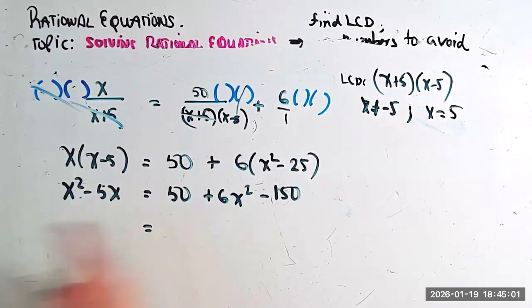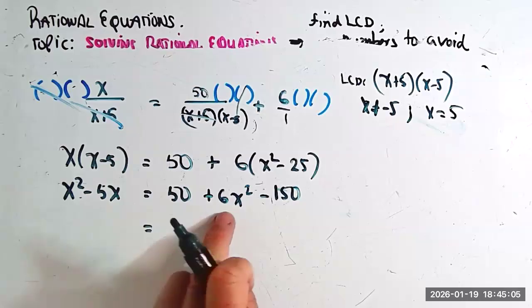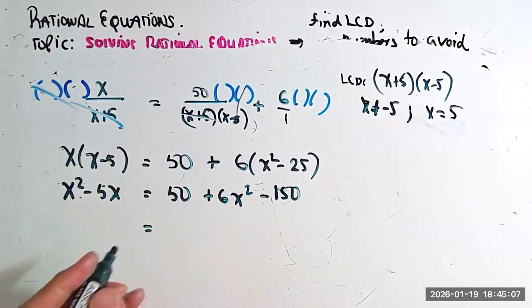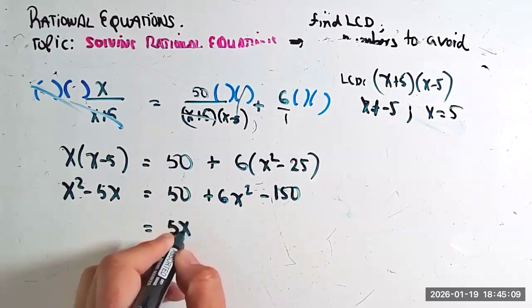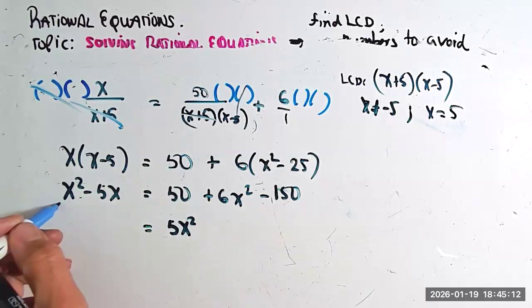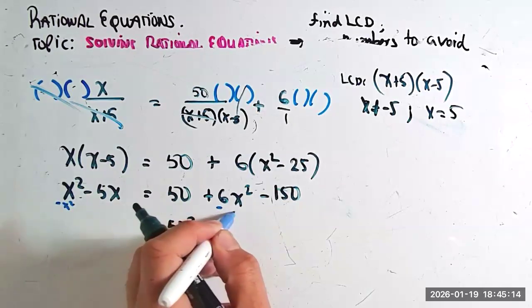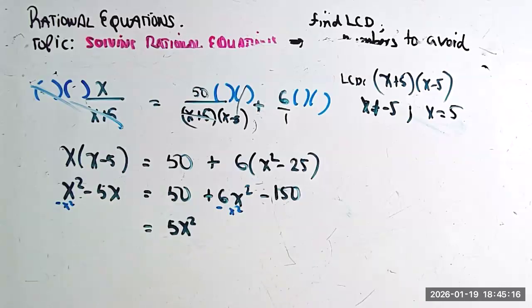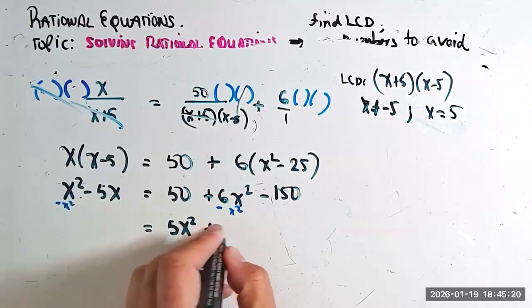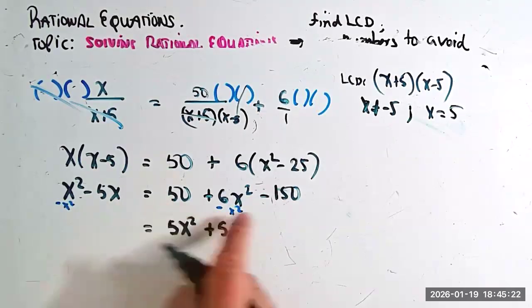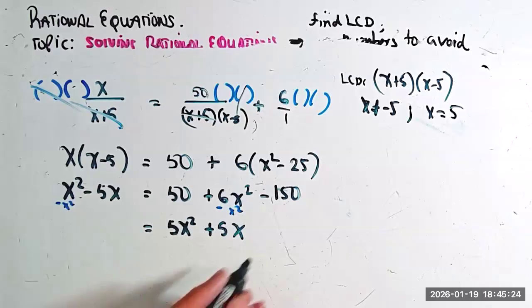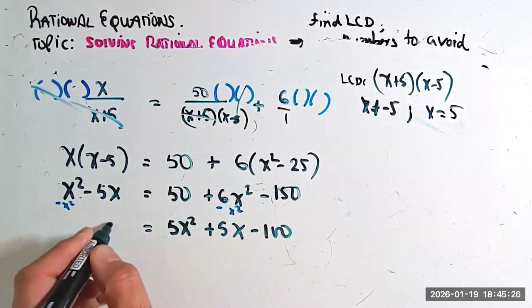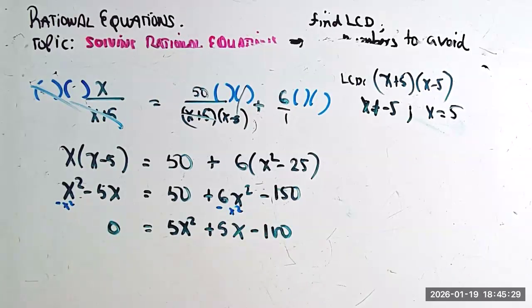So I'm going to move everything to the right-hand side. So 6 minus 1 x squared will be 5x squared. We are subtracting x squared. Plus 5x. 50 minus 150 will be negative 100 equals 0.